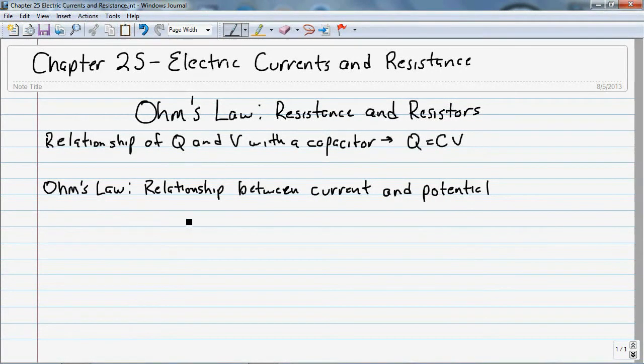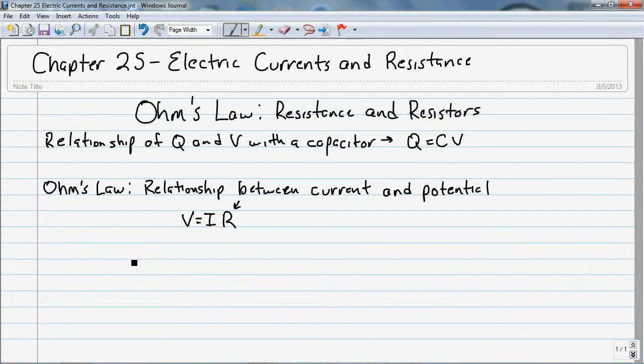And that relationship is potential is equal to current times resistance. So we have this value of R, resistance, and it's related to a current flow.